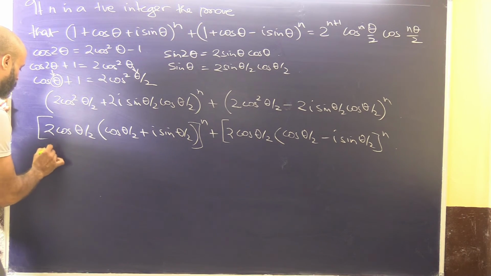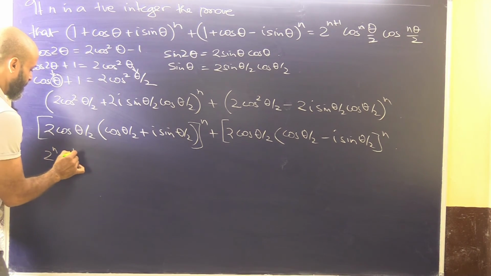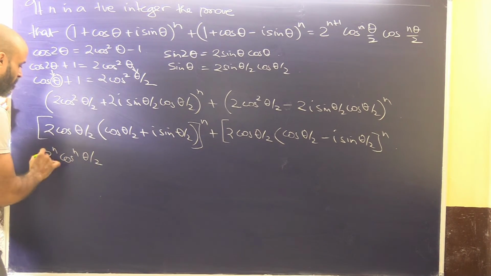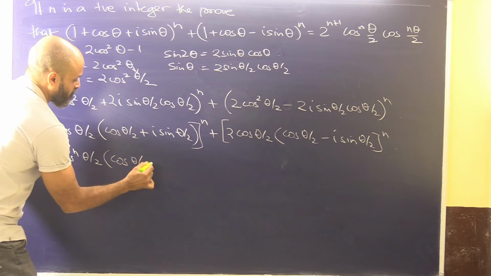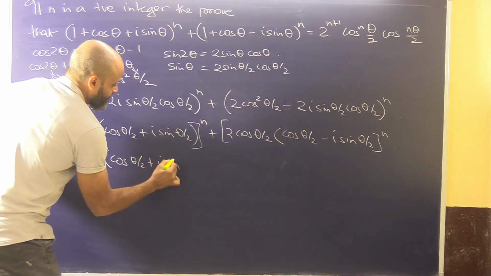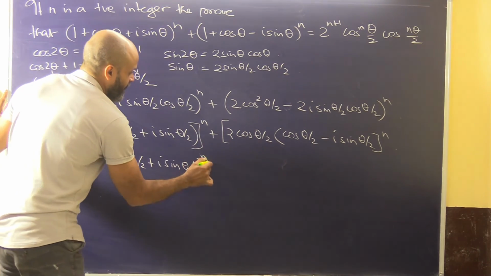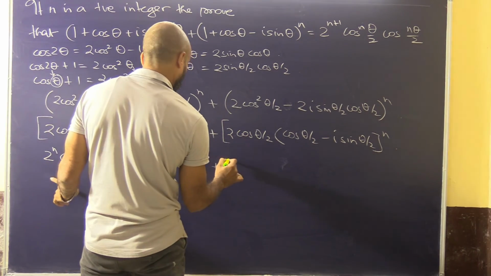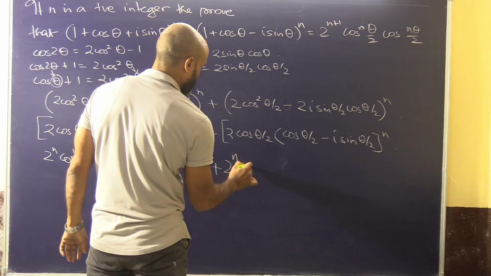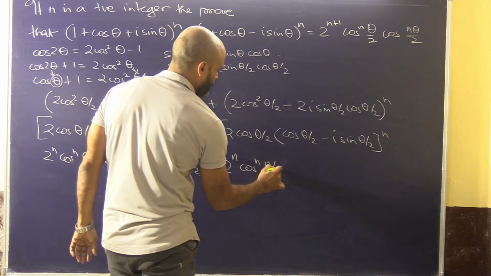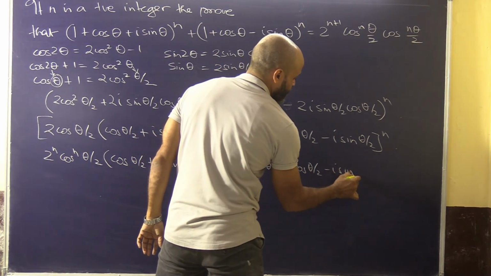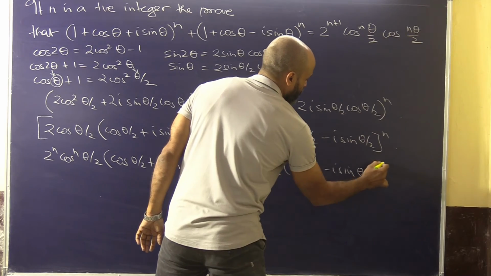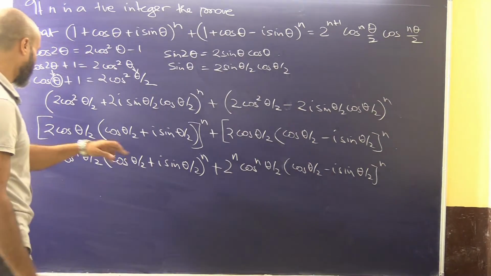So what do we have here? This will be 2^n cos^n(θ/2) times (cos(θ/2) + i sin(θ/2))^n, plus 2^n cos^n(θ/2) times (cos(θ/2) − i sin(θ/2))^n.